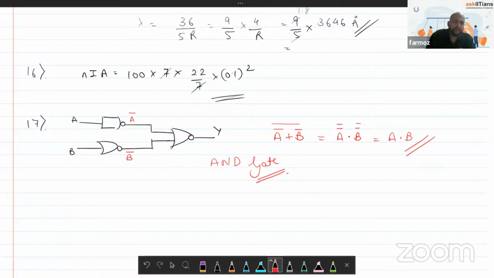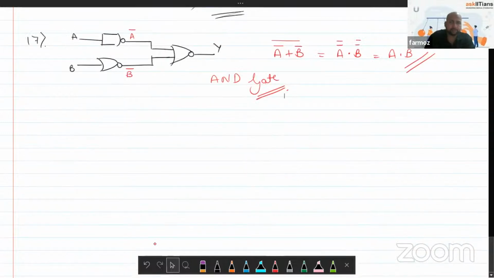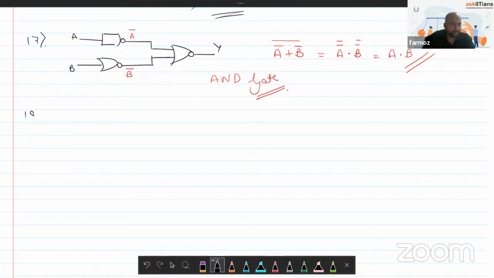Okay. Now moving on to the next question, that is question number 18. A wire of length L and resistance 100 ohm is divided into 10 equal parts. The 5 parts are connected in series, while the next 5 parts are connected in parallel.